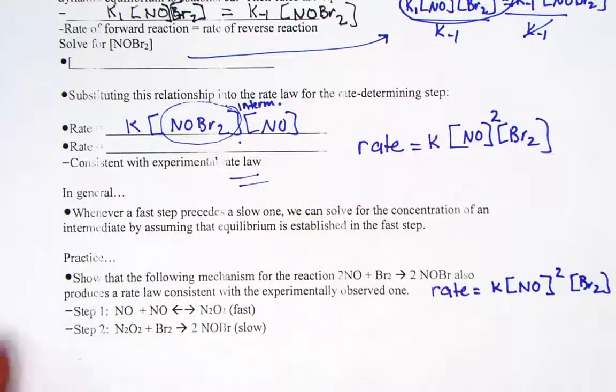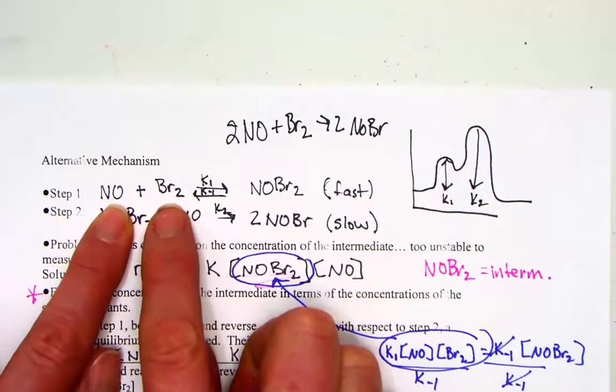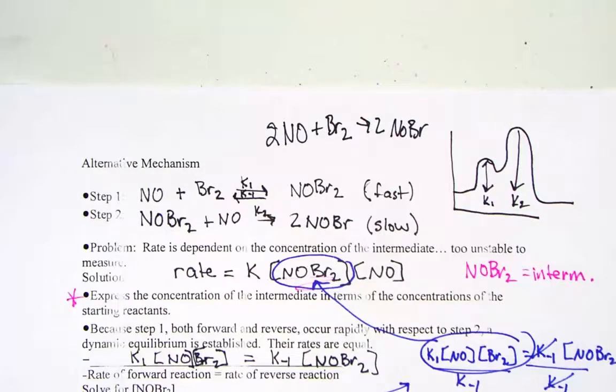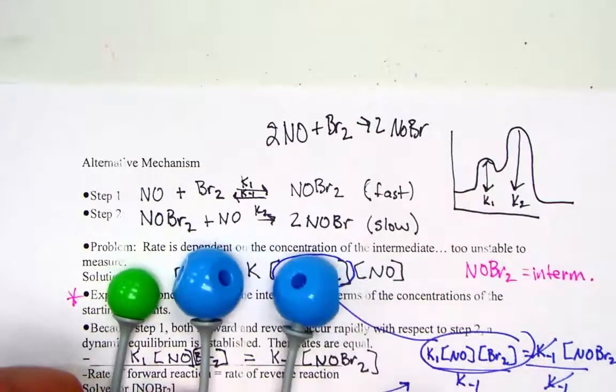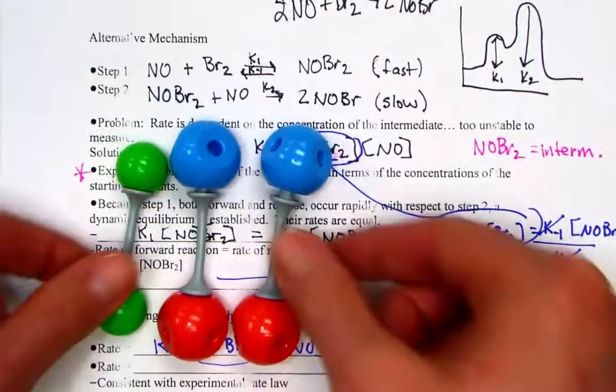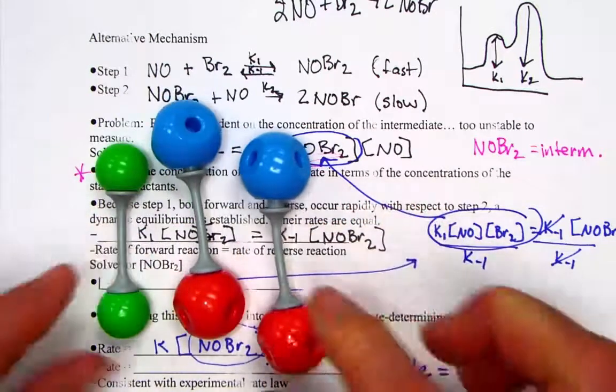Do you remember we had a choice to make? We had 3 overall molecules: a molecule of Br2, a molecule of NO, and a molecule of NO. We realized that all 3 won't collide at once; it could not be termolecular. We had a choice to make.